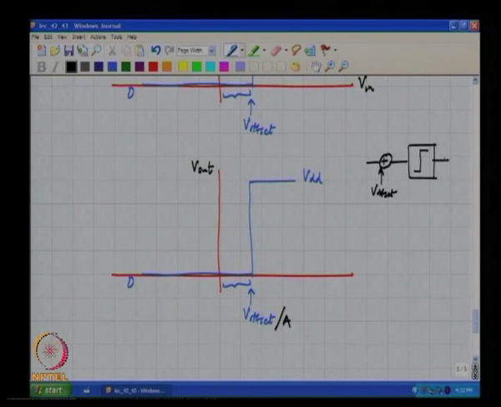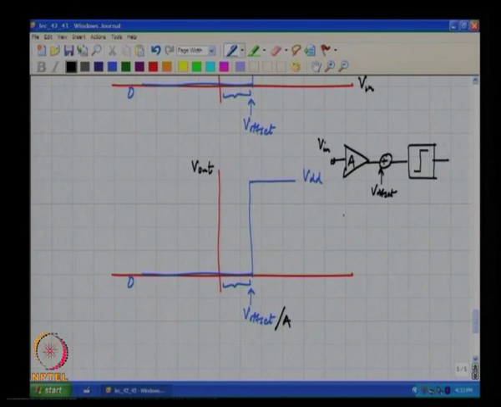If you put an amplifier here with a gain A, and if this is V in, what happens? So, the actual input going into the latch is A times V in plus V offset.